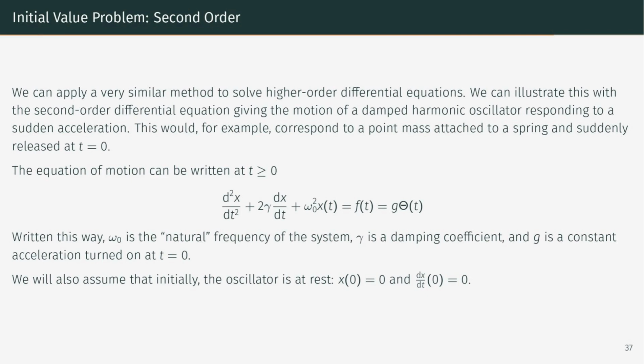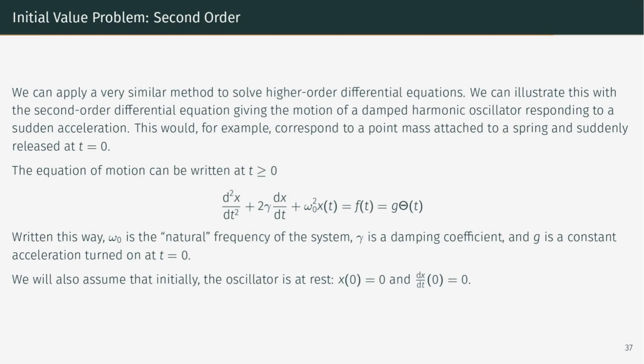We can illustrate this with the second order differential equation, which gives the motion of the damped harmonic oscillator responding to a sudden acceleration. This would, for example, correspond to a point mass attached to a spring and suddenly being released at t equals 0.